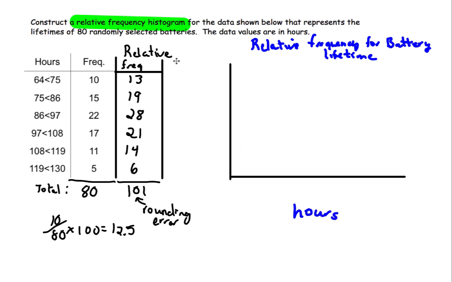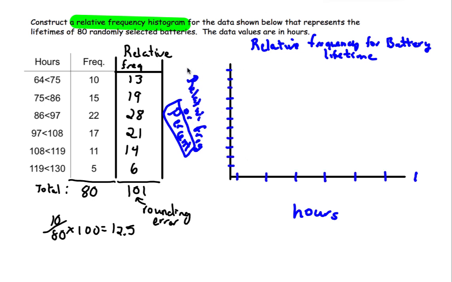Remember that on my x-axis, I'm still doing my classes, which are measured in hours. And on my y-axis, I'm doing my relative frequency or percentage. So you can title this either relative frequency or percentage. It does not matter which you title it, but you need one of those titles on your y-axis. I'm going to call this one just the percents.